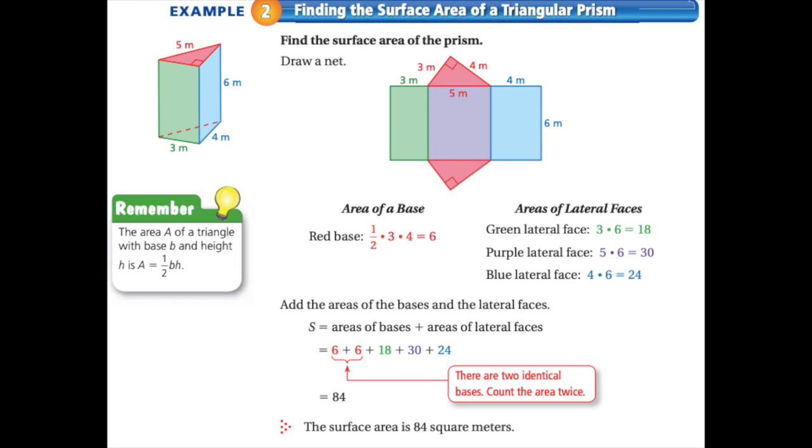The purple you actually can't see when you're looking at it from this angle. But it's the one that would be behind, and if you look at the little dotted line, you can see where that's going. Now, the purple, again, is going to be that 5 times the 6, which gives you 30. And then the blue, you are able to see, that blue rectangle is 4 by 6, which gives you 24. So when you add all of those up, you get the answer of 84, and it's 84 square meters.